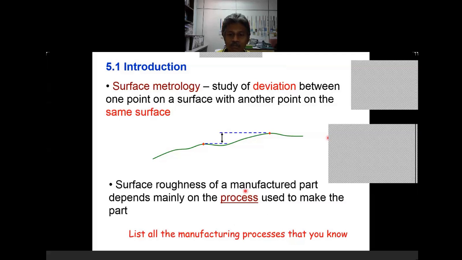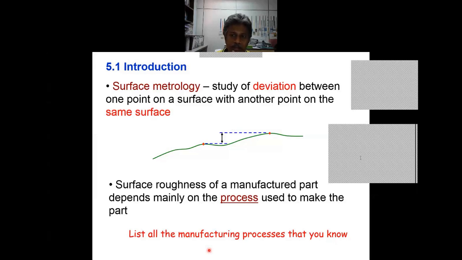What else do we have? Welding. Welding is also a manufacturing process. It's a joining process.